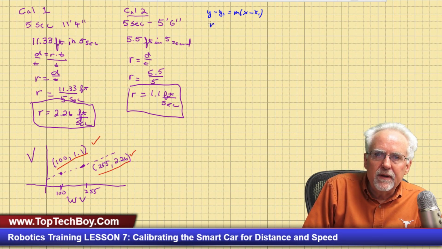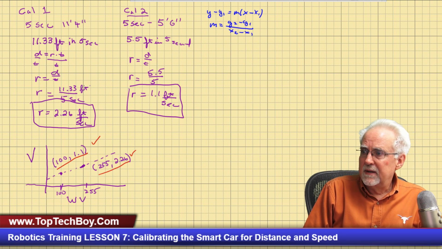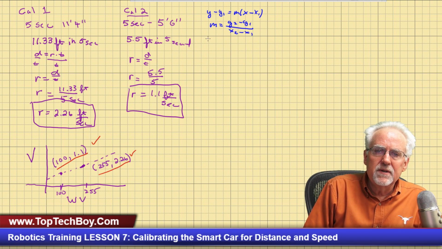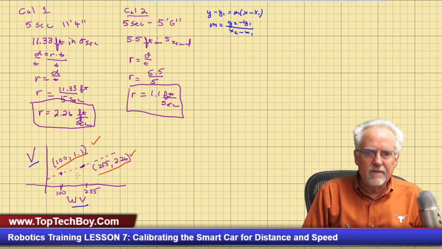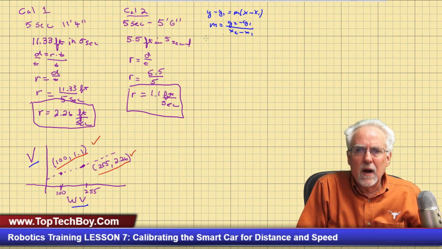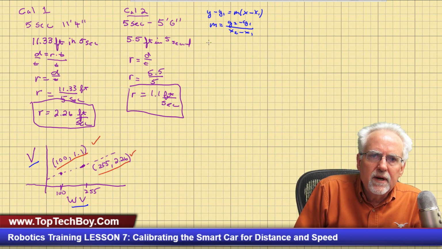And we know that m is equal to y2 minus y1 over x2 minus x1. Now we're going to be good engineers, and we're not really dealing with y and x. We are dealing with velocity as our y and right value as our x. So let's rewrite this in terms of the variables that we are using. We're still going to have a slope.